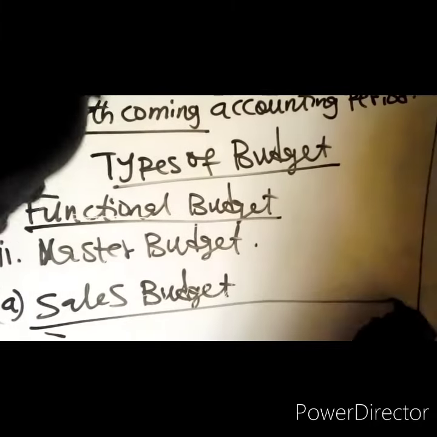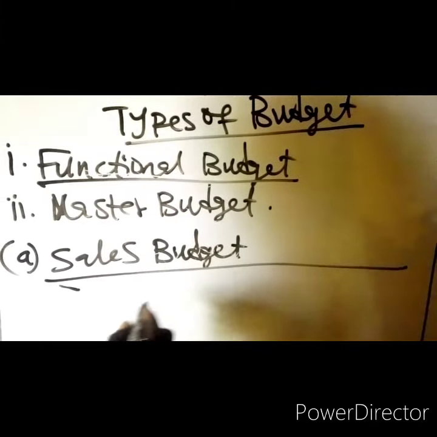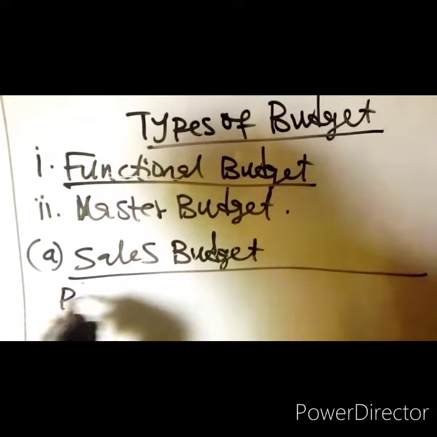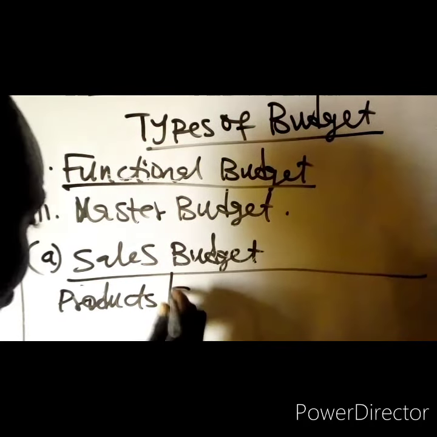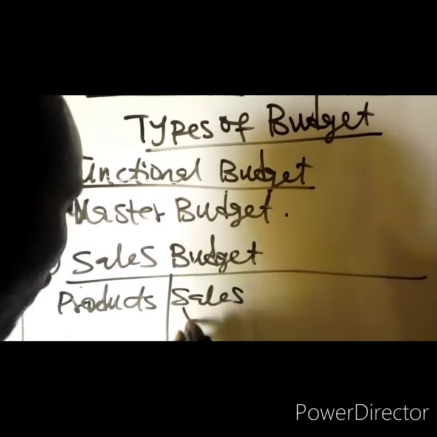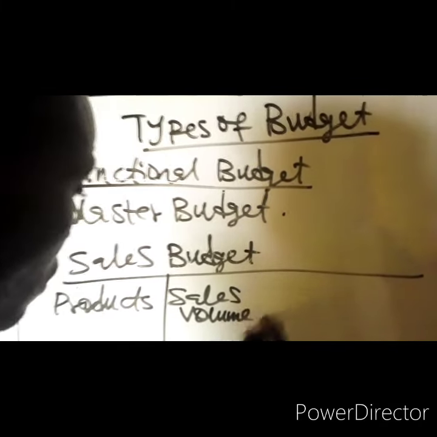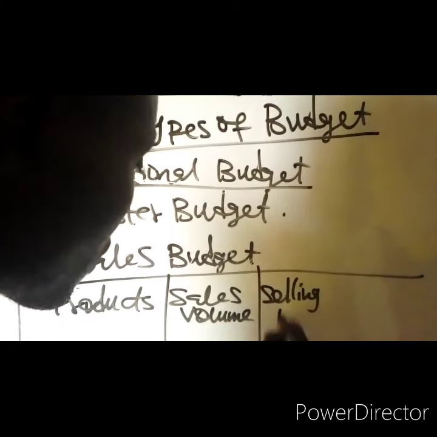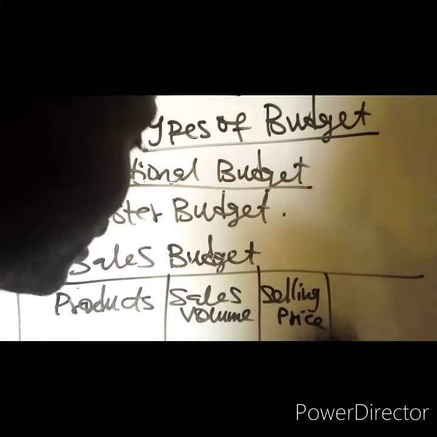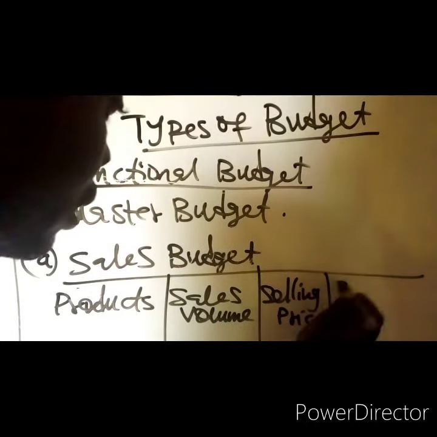For the preparation of the sales budget, let me give you the format. You can have products, then the budgeted sales volume, the selling price, and the budgeted sales revenue.